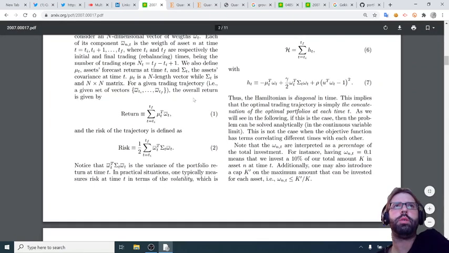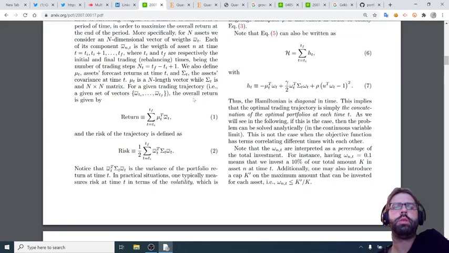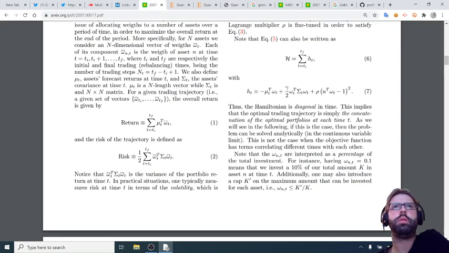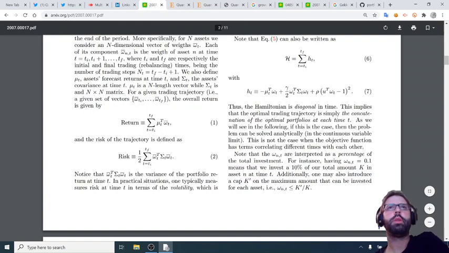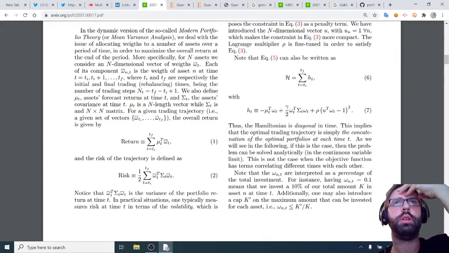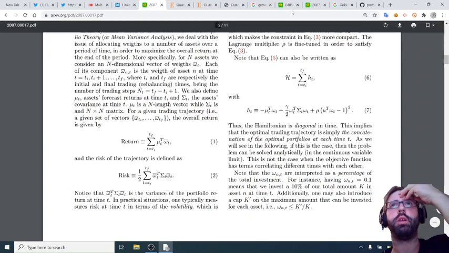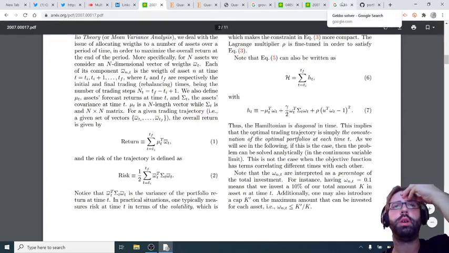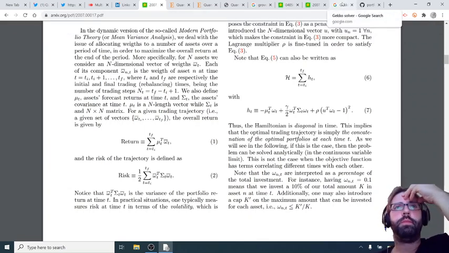So where is this defined here? So this is the asset's covariance. Although covariance with what? With the market? Maybe that's the asset's covariance with the market.